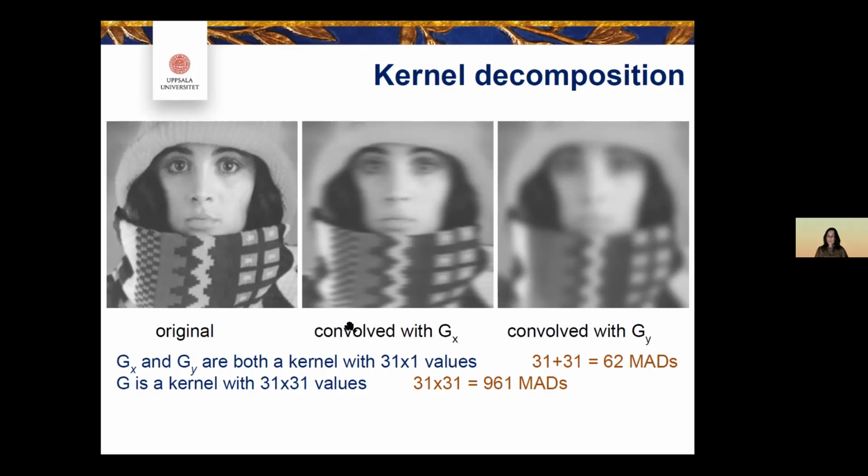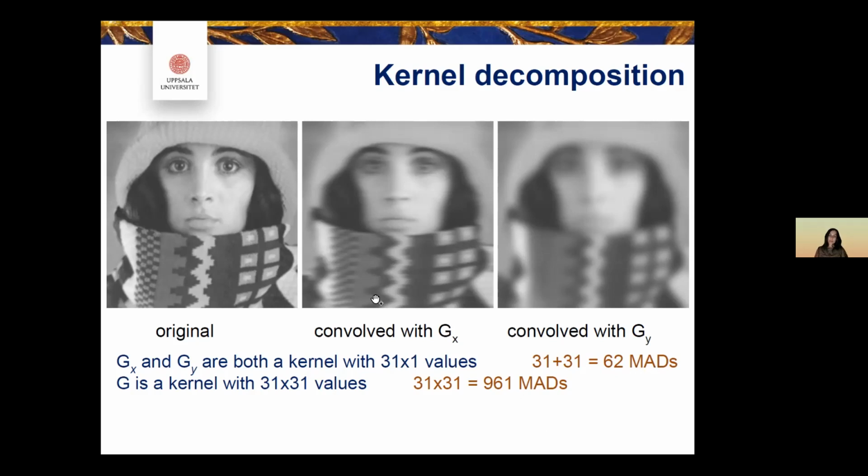If we decompose the Gaussian filter, relying on its separability, then we first have filtering by 31 times 1, and that determines the number of values and operations. Then we go one step further, with a filter of size 1 times 31, which means we have only twice 31 operations to compute the same result, which is only 62 multiplications and additions.